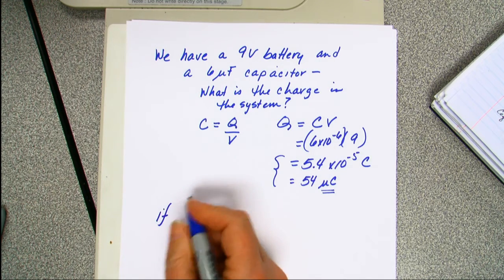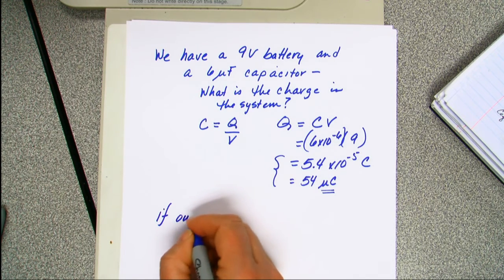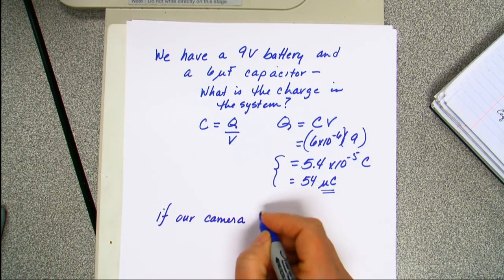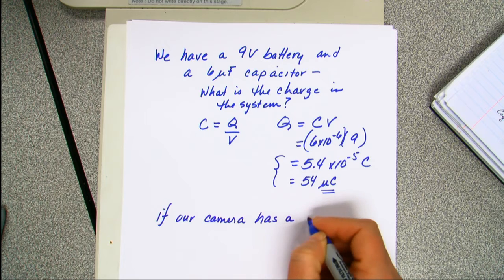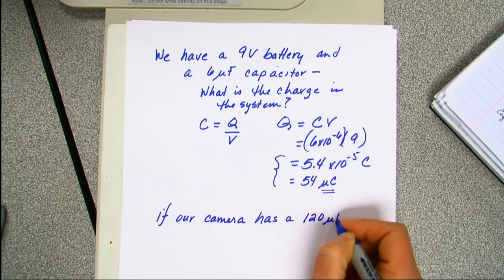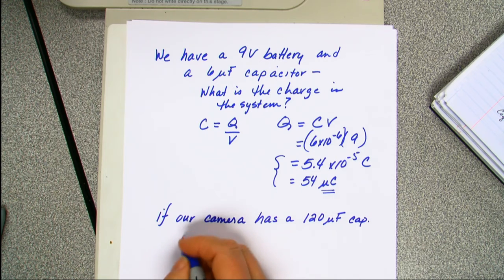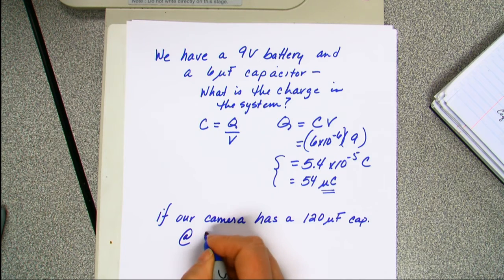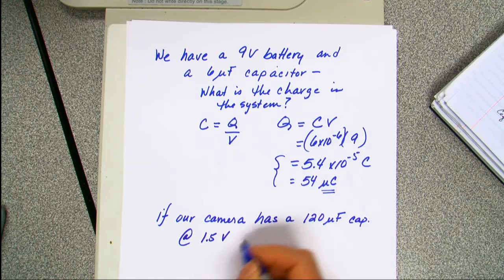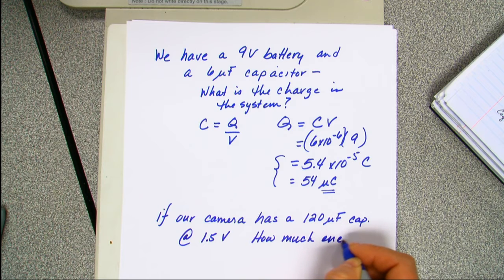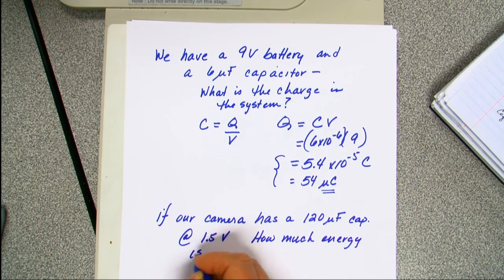So if our camera has a 120 microfarad capacitor, and we're going to have a 1.5 volt battery, how much energy is stored?